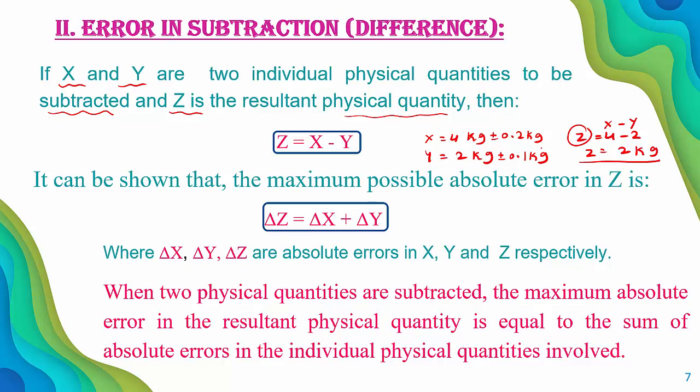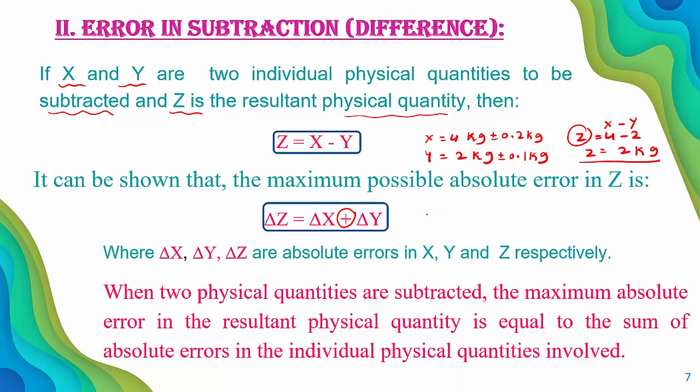Then how to find the error? Using the equation delta z equal to delta x plus delta y. So this is difference or subtraction, but remember, in error in addition and error in subtraction, whenever you perform mathematical operations, the errors are always added, they are never cancelled.